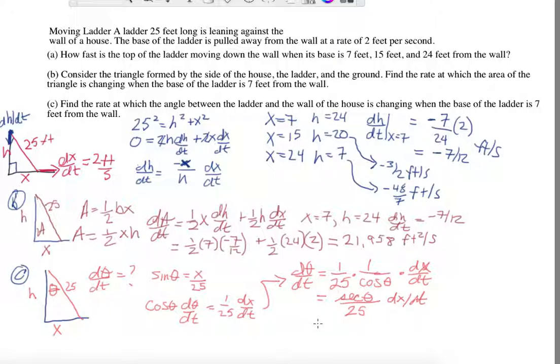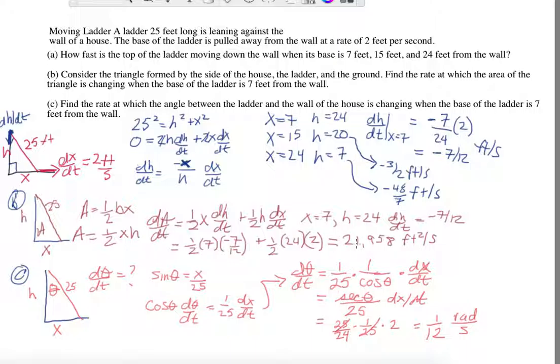And so let's look at what we have here. Secant theta, which is my hypotenuse over my adjacent. So secant theta is going to be 25 over 24, because when x is 7, h is 24, times 1 over 25 times 2. 25's cancel, and we'll get 1 over 12, and my units here would be radians per second.